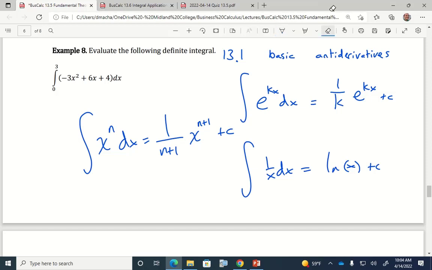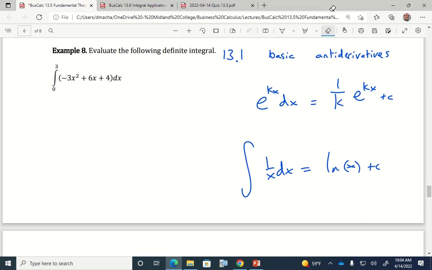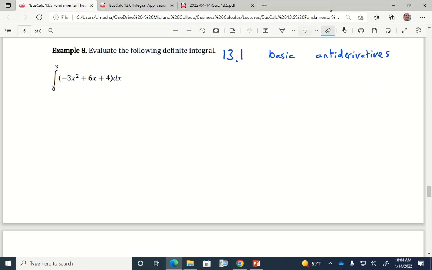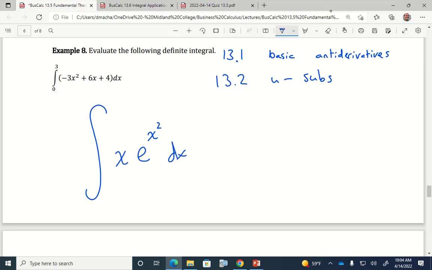Then in 13.2, we went over u substitutions. So remember the u substitutions that everybody thought was so much fun. The u subs were like if you had an antiderivative like this, then we said u is equal to x squared, so the derivative of u would be 2x.